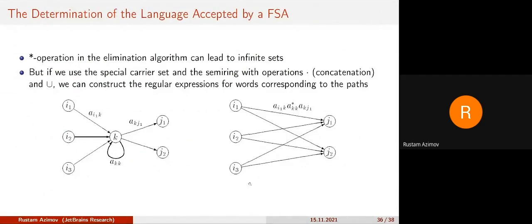But such algorithm may have some good implementation using sparse matrix representation and parallel computations.